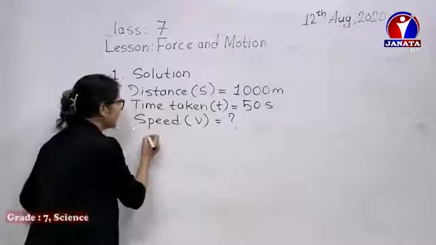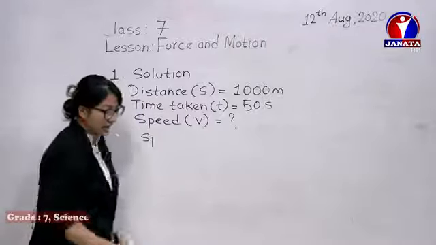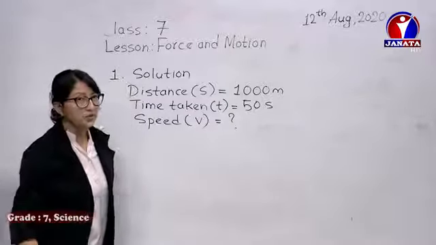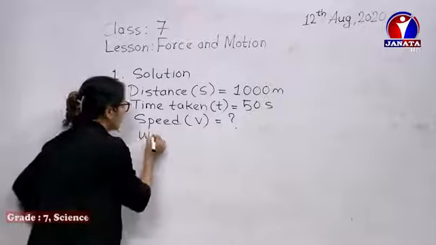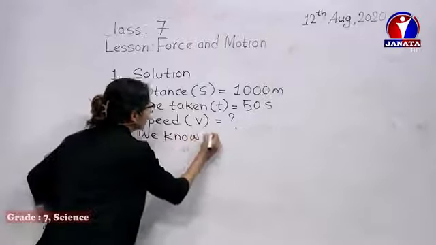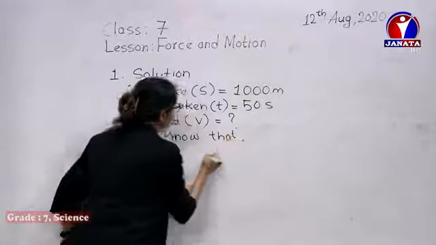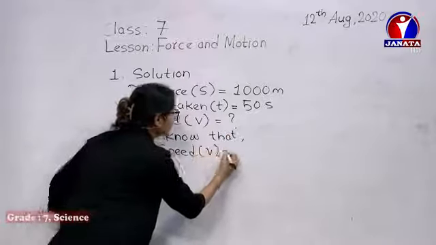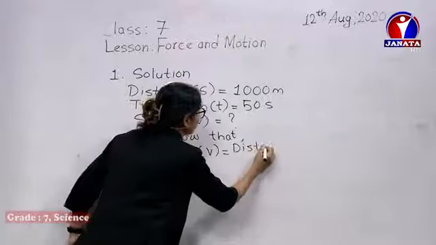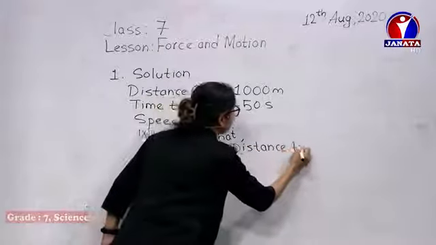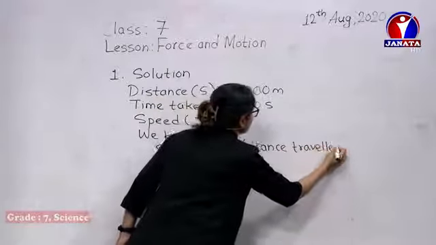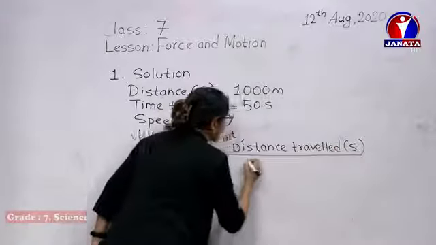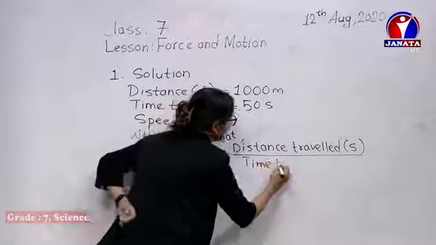This is the perfect format of doing a numerical, so please follow accordingly. We know that speed, denoted by letter V, is equal to distance traveled, denoted by letter S, over time taken T.